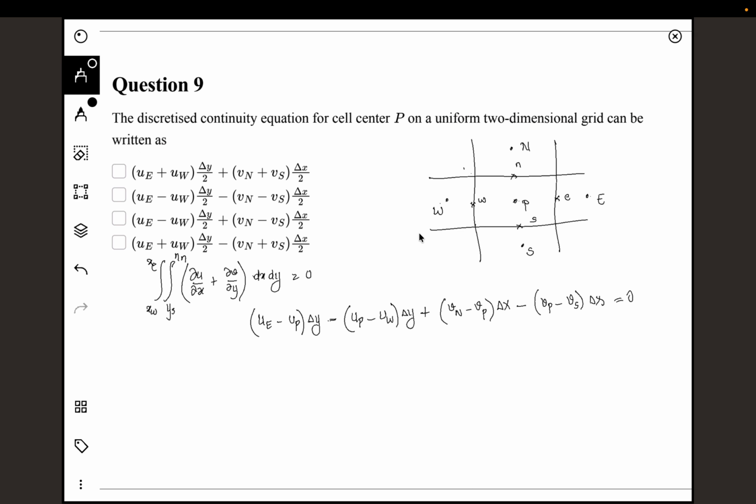So you have vn minus vs with delta x, and ue minus uw with delta y, and the two should be added. So this is not correct. So this is the one.